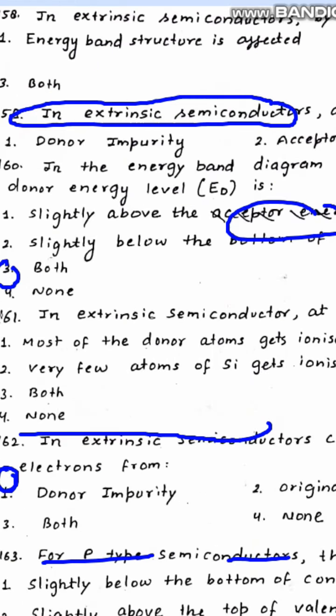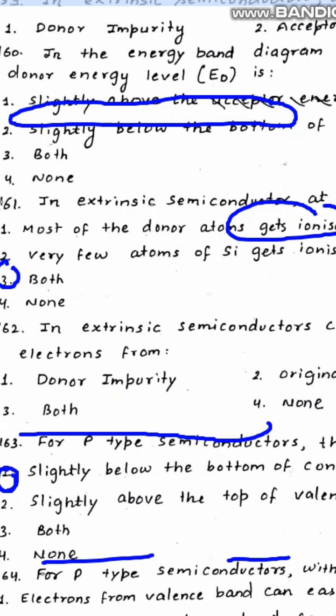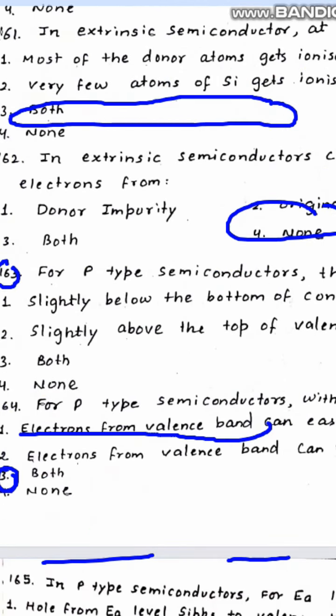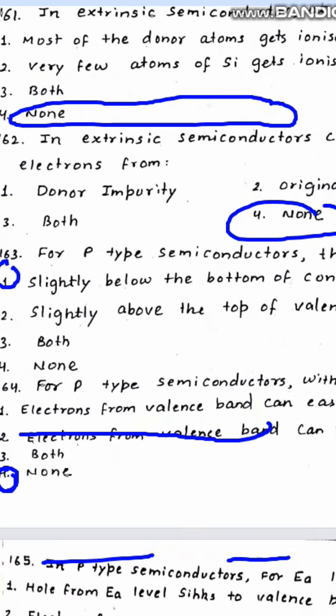So in extrinsic semiconductors at room temperature most of the donor atoms get ionized, this is correct, and a very few atoms of silicon get ionized, this is also correct, so third will be correct over here.